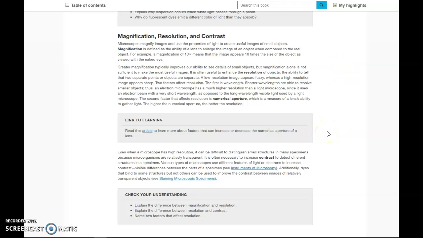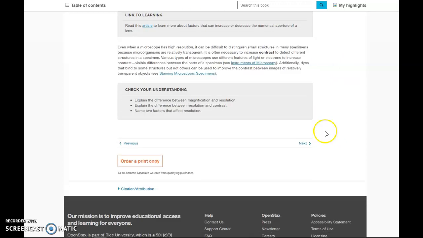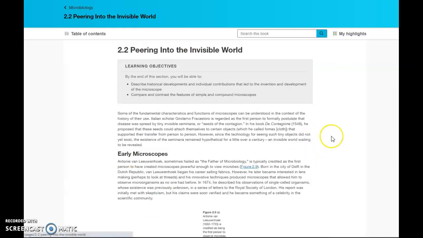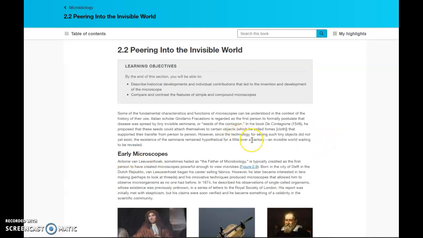And we'll get more into that contrast and the idea of staining when we actually get into the lab a little bit later on. Now, if we take a look at the history of microscopes, we have several individuals who were important in this development of microscopes, and von Leeuwenhoek is number one.